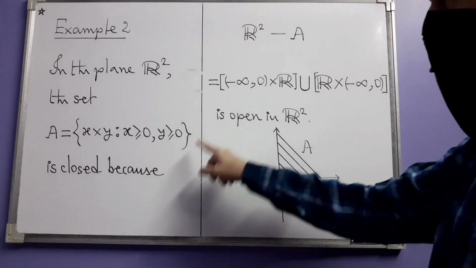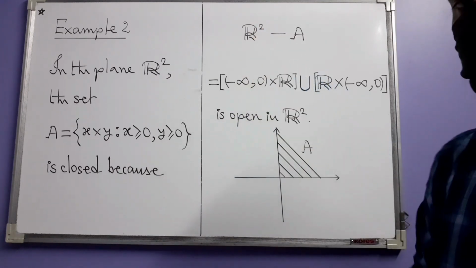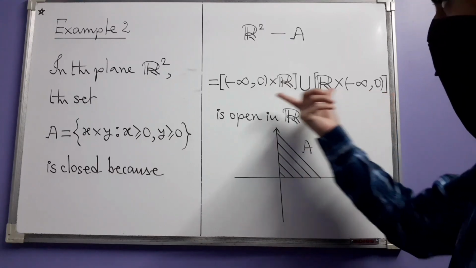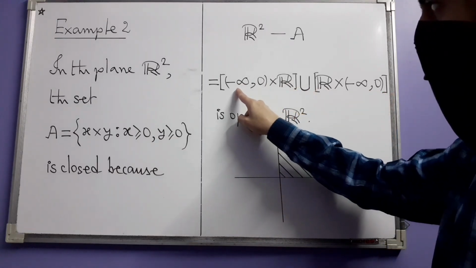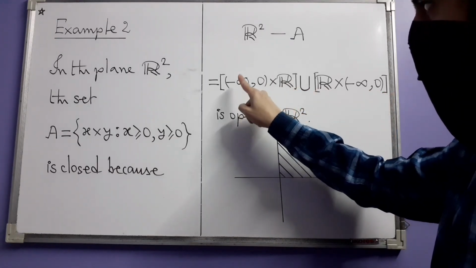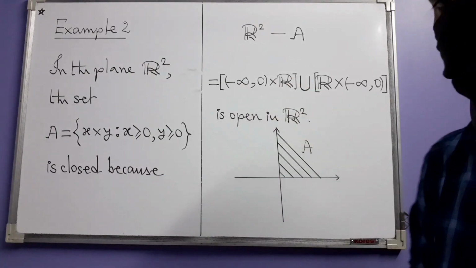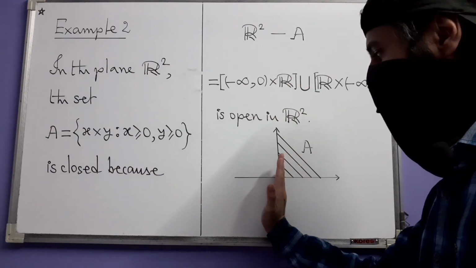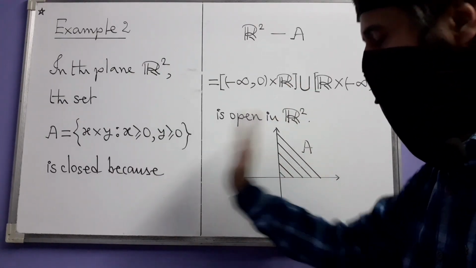And this is closed because the complement of A in R2 is this union. Do you see what region this represents? Minus infinity comma 0 times R. That means the left side of the y-axis.